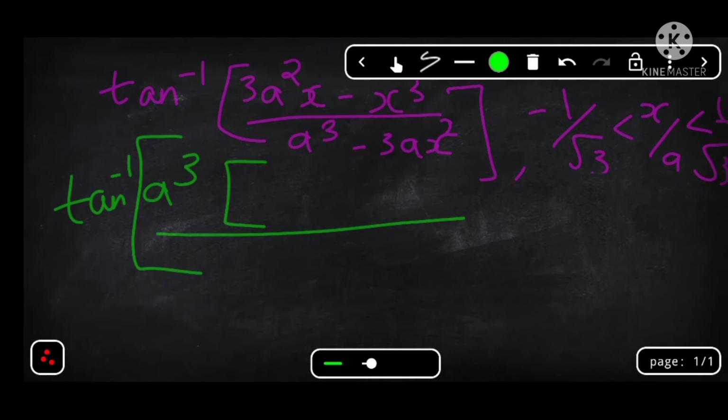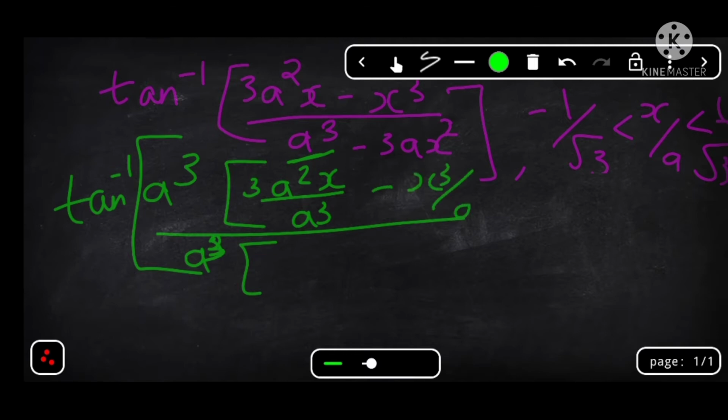I am taking a cube from both numerator and denominator outside. Okay, so if I am taking a cube outside, what will happen? Actually a cube is only there here, right? If we take a cube from here, it is okay, but none of the other terms have a cube. So what we can do? Since it does not exist, we will just divide all the terms with a cube.